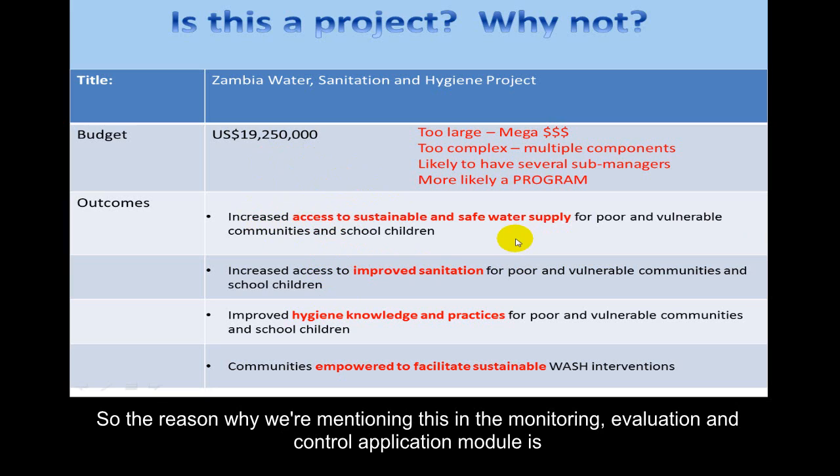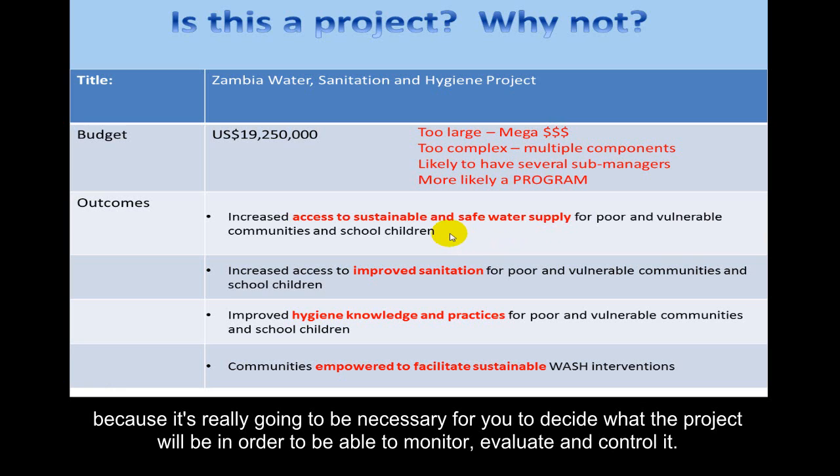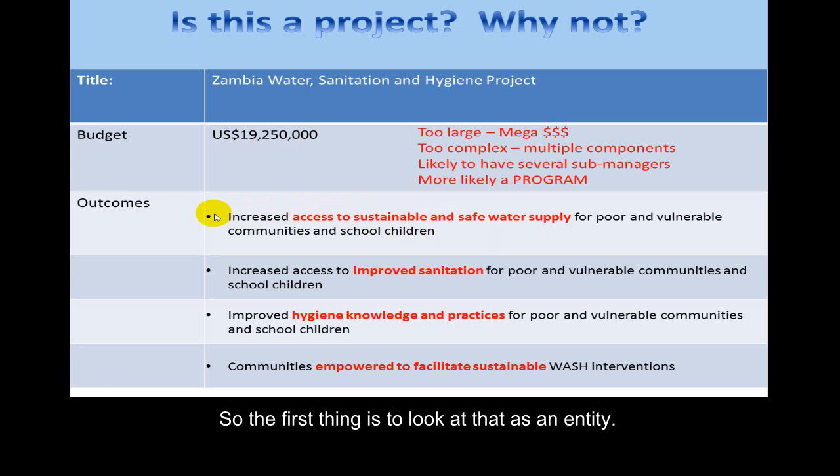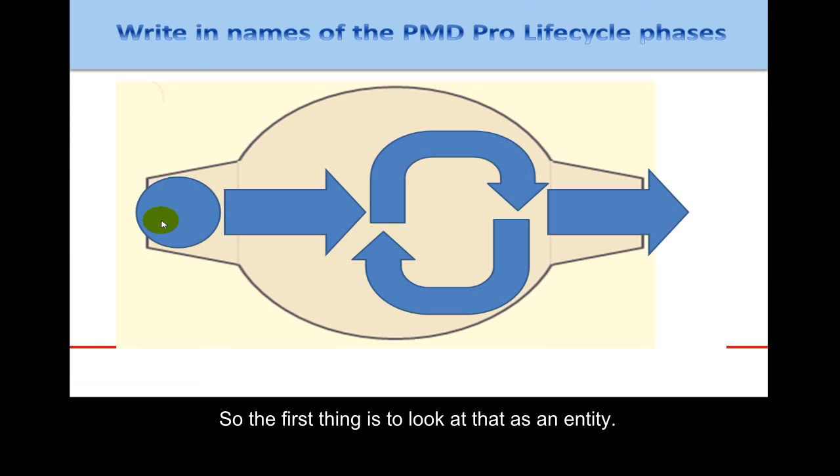So the reason why we're mentioning this in the monitoring, evaluation, and control application module is because it's really going to be necessary for you to decide what the project will be in order to be able to monitor, evaluate, and control it. And so the first thing is to sort of look at that as an entity.